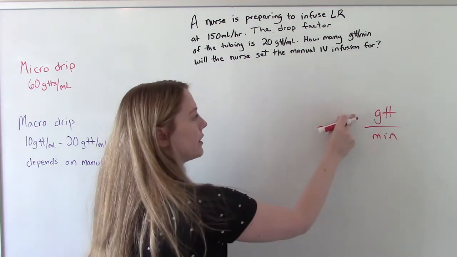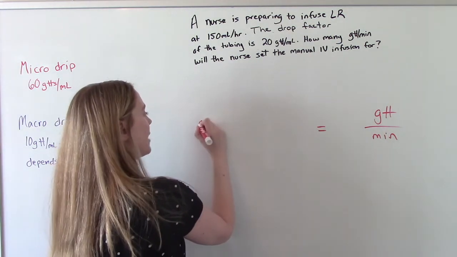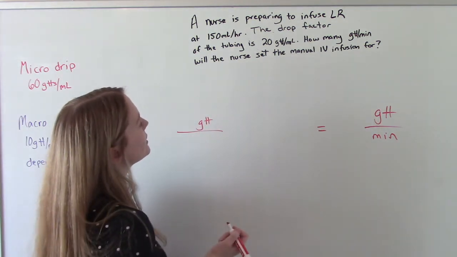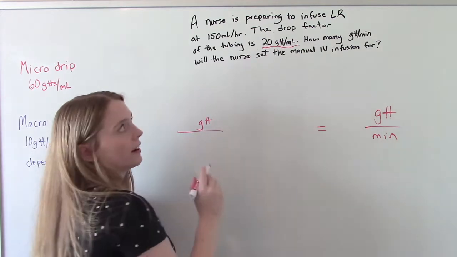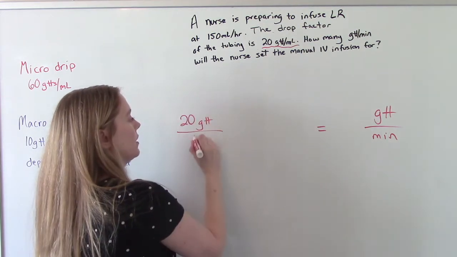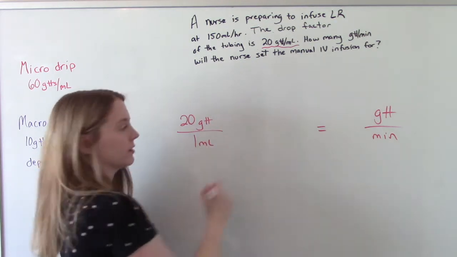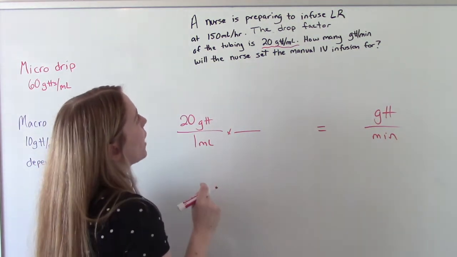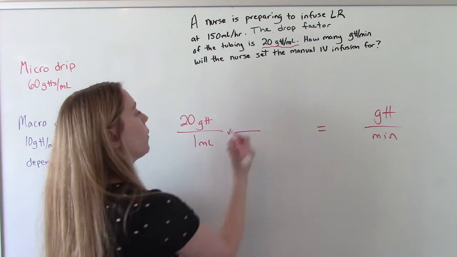And if it's going to be in our answer at the top, it needs to be at the top in our numerator in the equation. So where do we see it? Here. So 20 drops per 1 ml. What else do we know? We know we're going to give it at 150 mLs per hour.